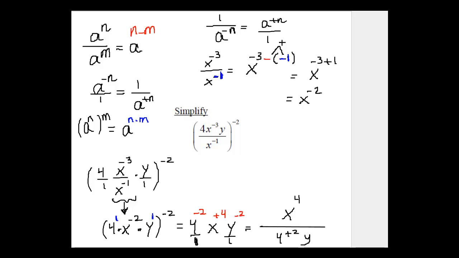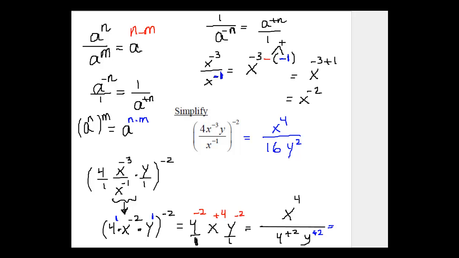Right, y squared, that goes to the bottom of the fraction. That becomes +2 when you do that. So there we have it. This whole thing would be x to the power of 4 over 4 squared, which is 16, y to the power of 2. Now everything is to the power of positive exponents, and we combined everything. We don't have any negative exponents.